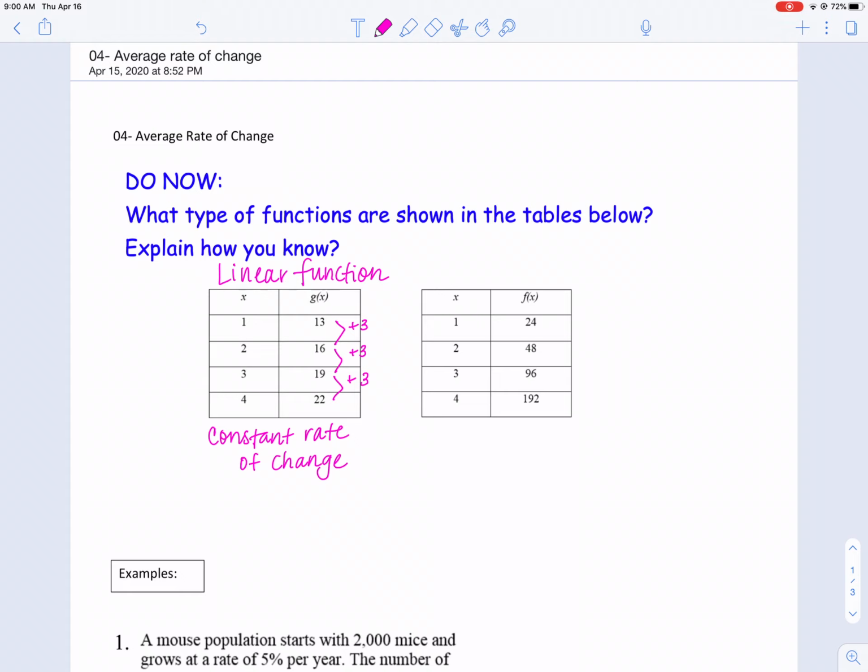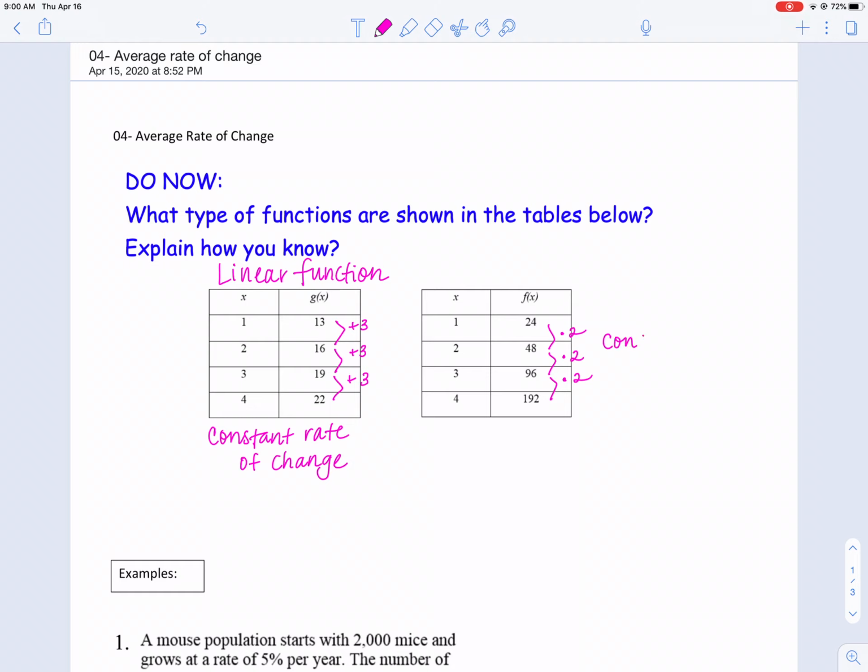Okay? So when you take a look at your next one, is this increasing by the same amount? Well, from 24 to 48, it went up by 24. But then from 48 to 96, it didn't go up by 24. If you notice, this is actually being multiplied by 2. 48 times 2 is 96. 96 times 2 is 192.